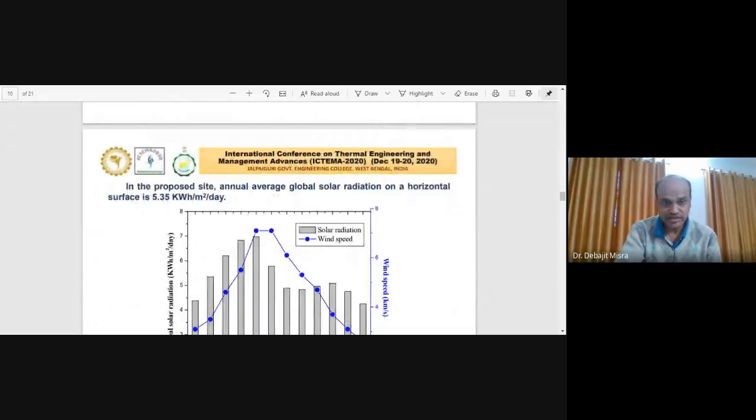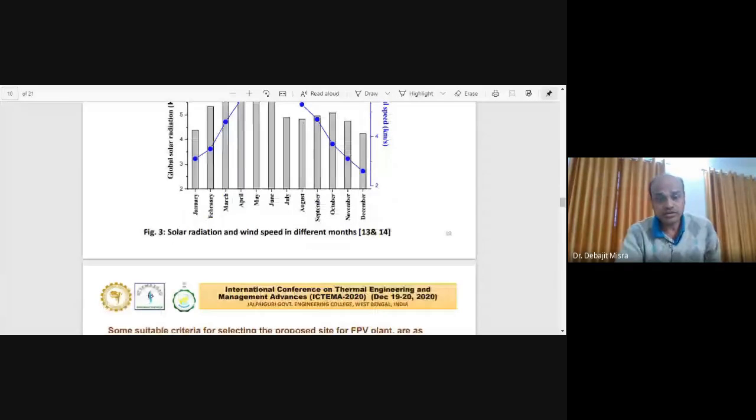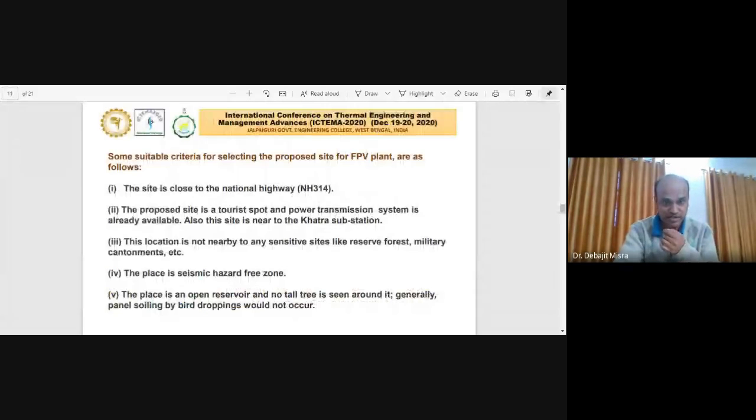Before choosing a site for the first of the irrigation, the proposed site is here, and here is the floating plant. So, some of the suitable criteria for selecting a PV plant.